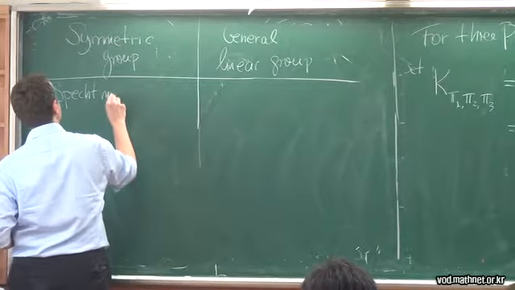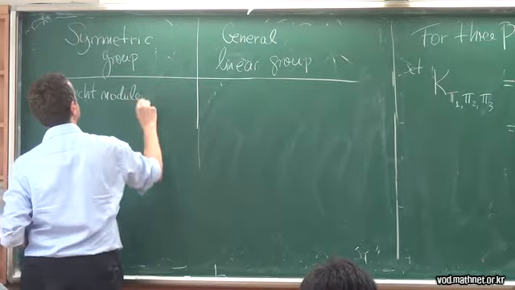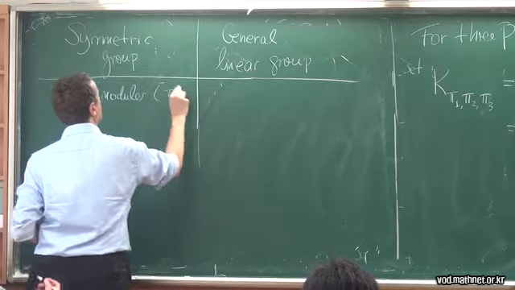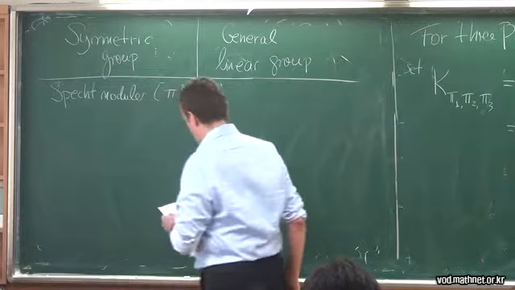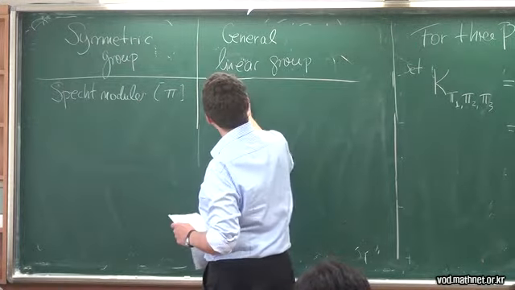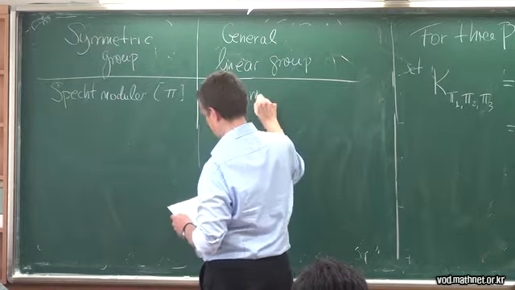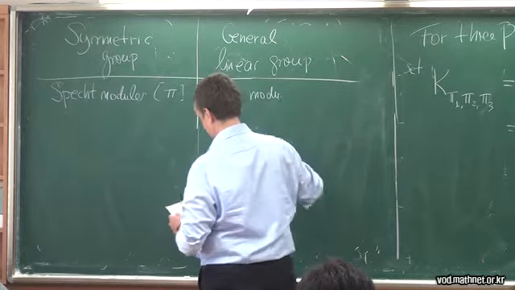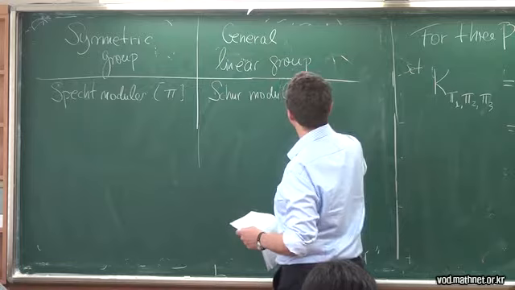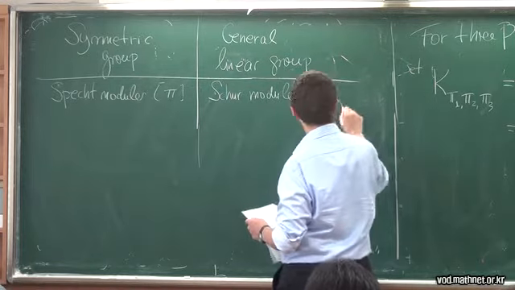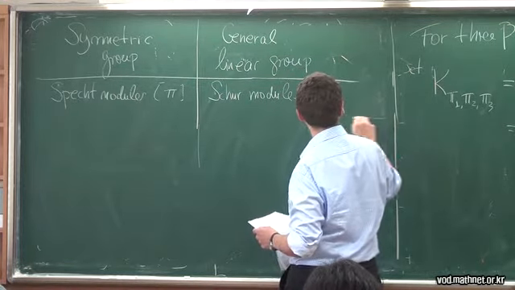Those are the Specht modules, denoted pi. And for the general linear group, we have the Schur modules, S lambda, or S pi, lambda a partition.